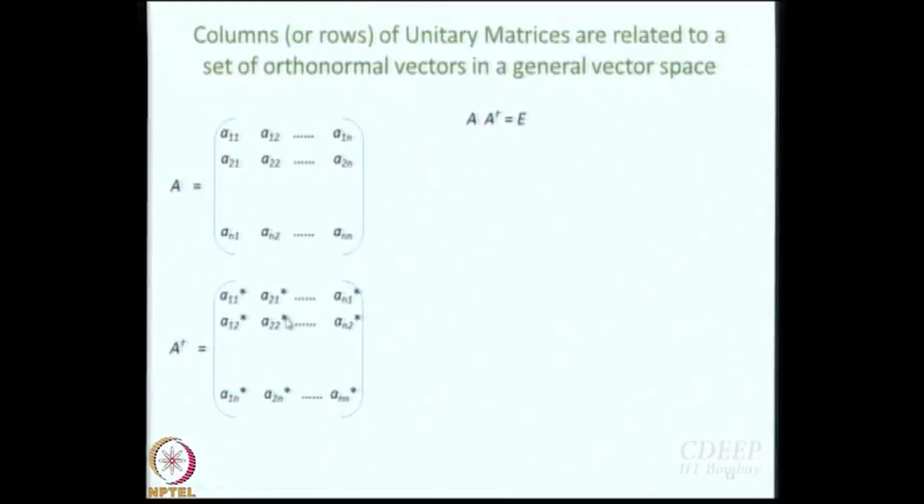Second column here A21, A22, etc., A2n with the stars. And so on. Let us go to the last row, An1, An2, dot, Ann. Here you have An1 star, An2 star, dot, Ann star. So you are convinced that this is the adjoint. Now, what is the property of unitary matrices?